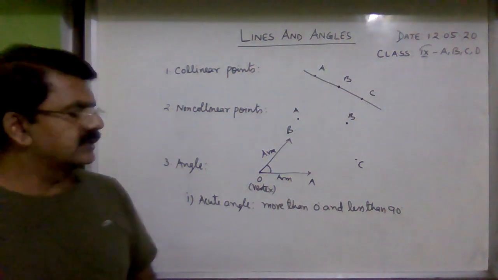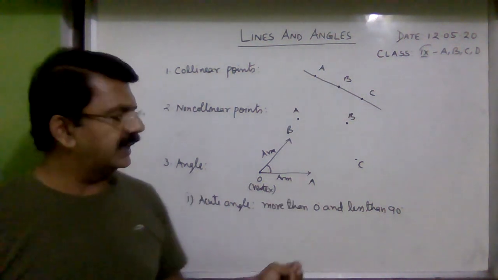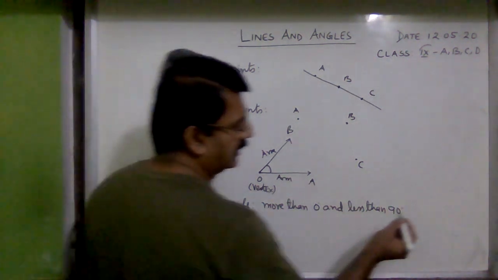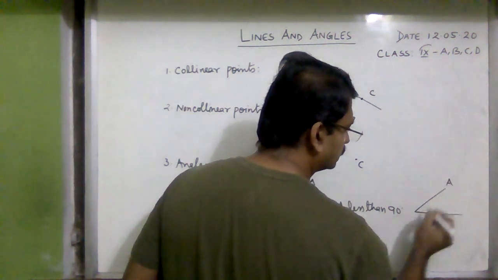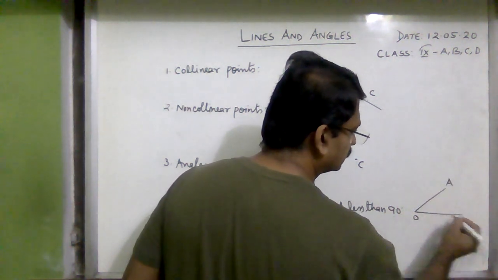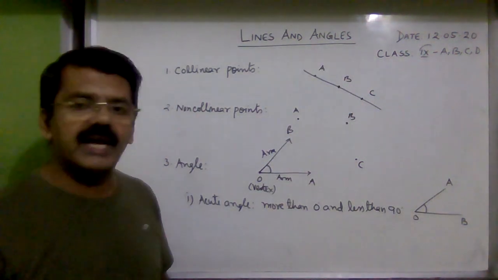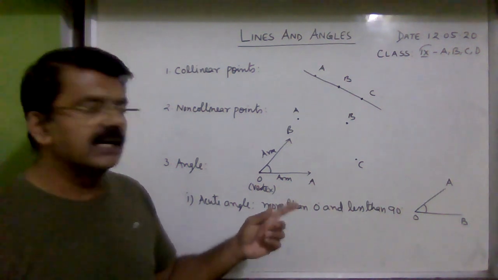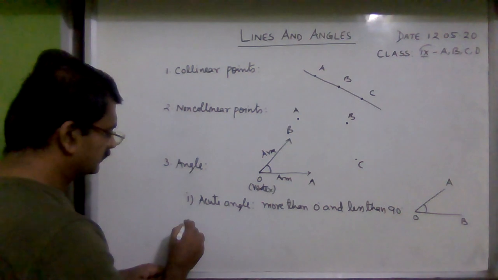If an angle is more than 0 and less than 90 degree, then it is called an acute angle. For example, I will make a diagram here. This angle you can see is more than 0 degree but less than 90 degree, so it is an acute angle. Clear?